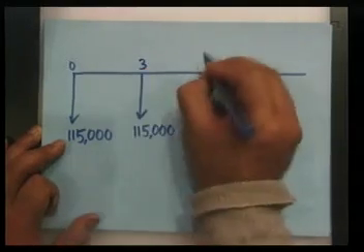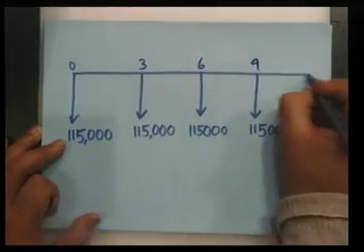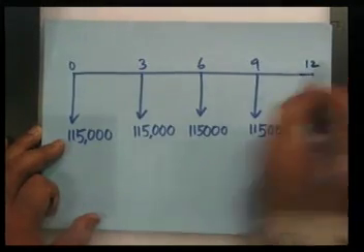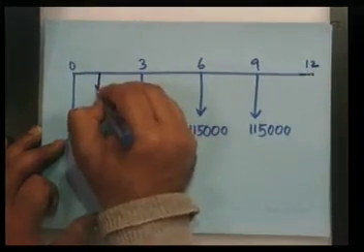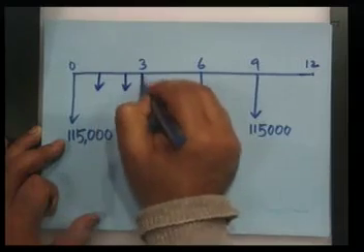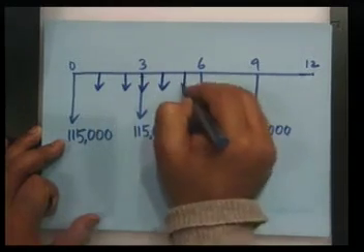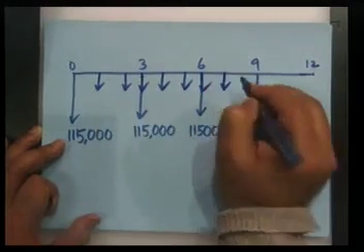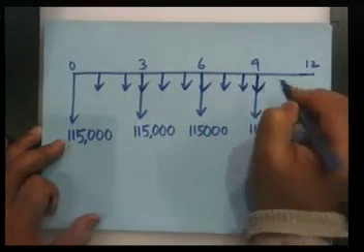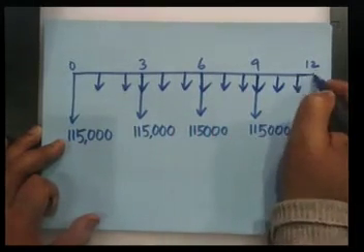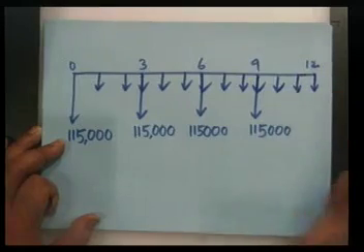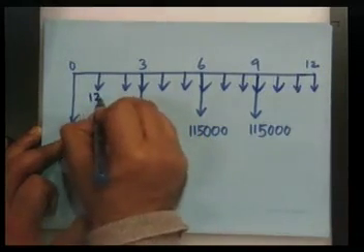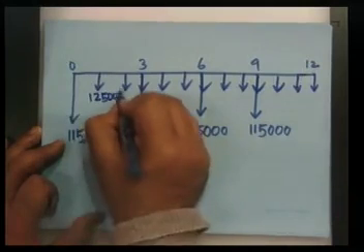Here you have 3, 6, 9, 12. Now, for each of these, we have additional expenditure amounting to 12,500 per year.